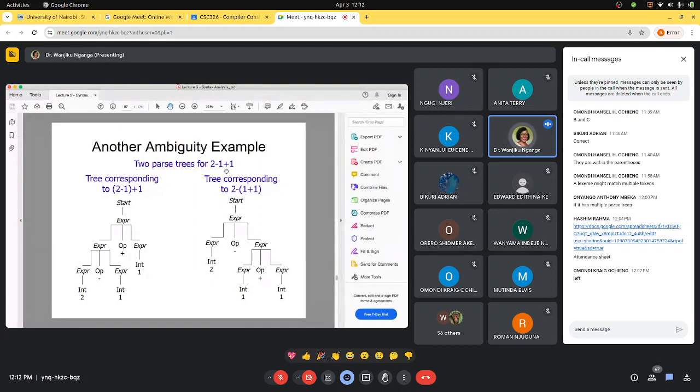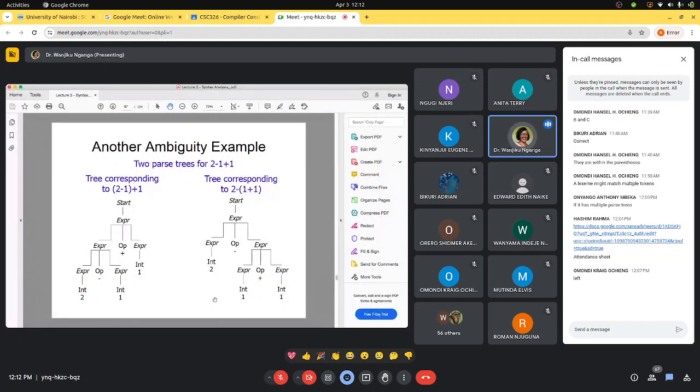If we do not write our grammar in a way to enforce associativity, then we introduce ambiguity, because the parser could build the tree assuming 2 minus 1 is in brackets and you get this tree, or 1 plus 1 is what is bracketed, or the addition is done first, and you get this tree. Of course, these two yield different answers. So this is another example of ambiguity.